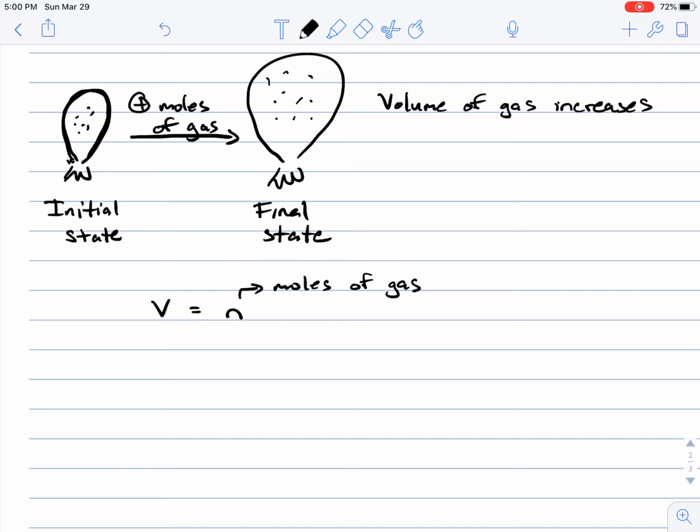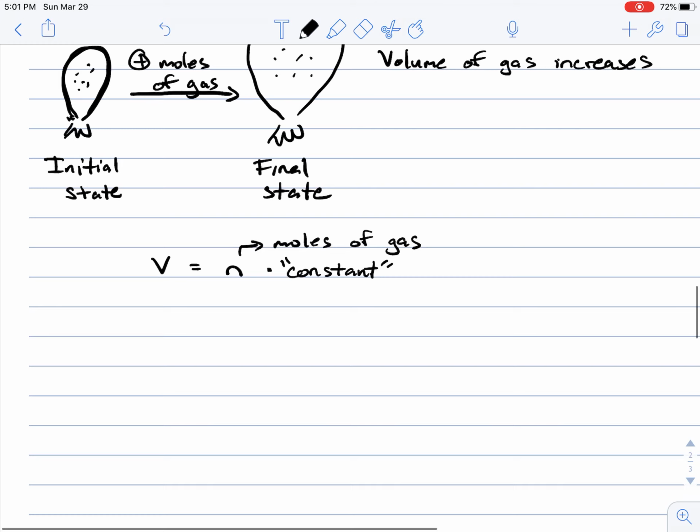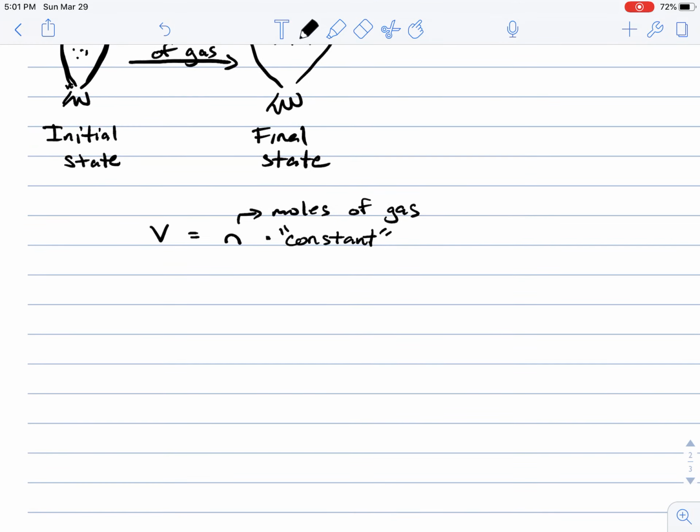And once again, we can go ahead and multiply this by some constant. This gas constant, which we will discuss later, it's just a constant. Its value just doesn't change.